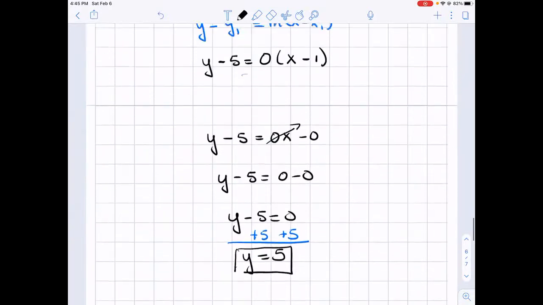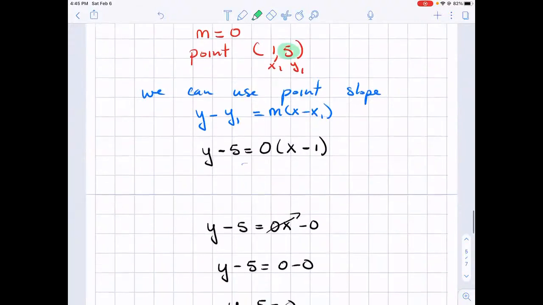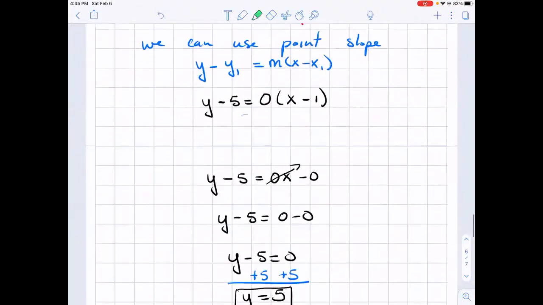Now, if you go back to my problem and you look at the point, the y value here is 5. So we could have saved ourselves all of this work and just written y equals 5. Okay.